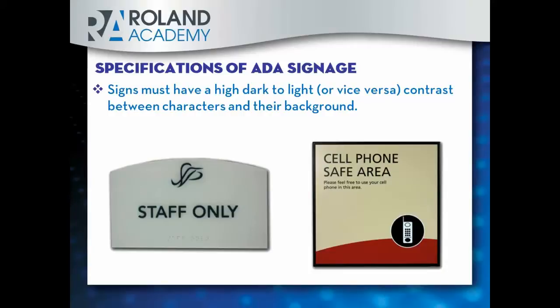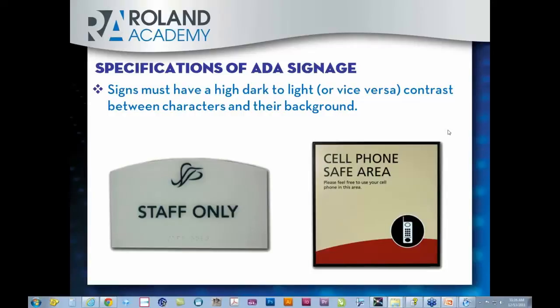You can use whatever color combination you want as long as one is light and one is dark. That's the key element here. Like I said, the key to the signage is that you have to have that high dark to light contrast. And again, it's not so much for the blind, but for the vision impaired.